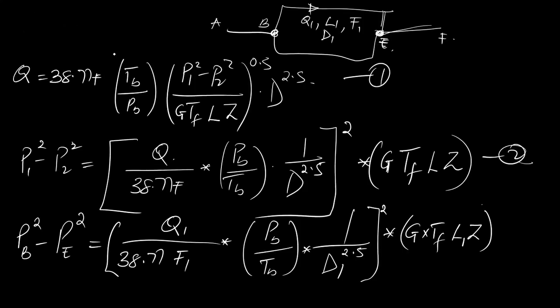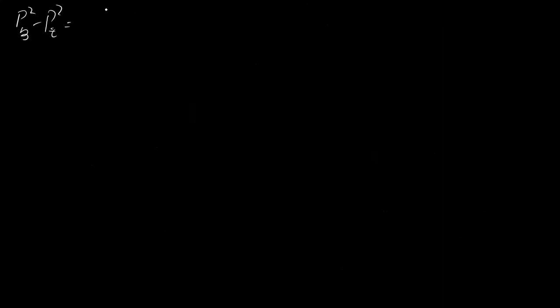So that means PB square minus PE square is equal to Q1.